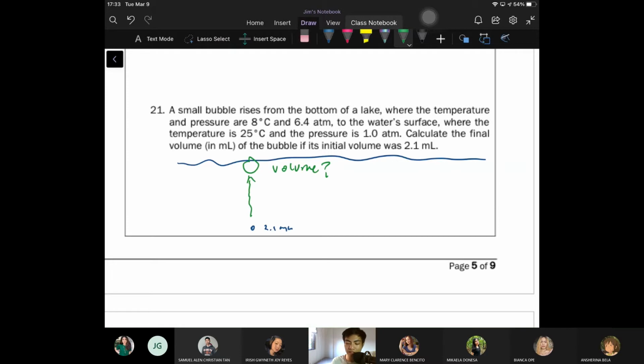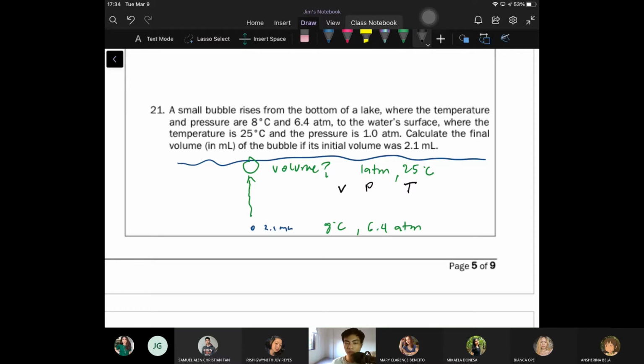Okay? Given yung temperature dito ay 8 degrees Celsius, 6.4 atm. Sa taas ay 1 atm, that's 25 degrees Celsius. Possible ba to? Okay, so possible malaman to because we have variables for pressure, temperature, and the volume. Okay, so since yung tatlong parameters kailangan natin, we are going to use the combined gas equation.